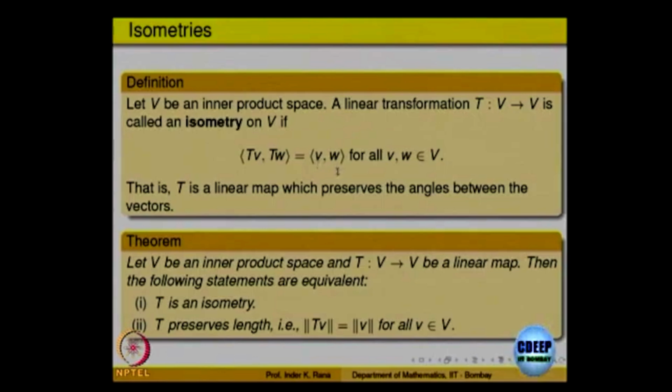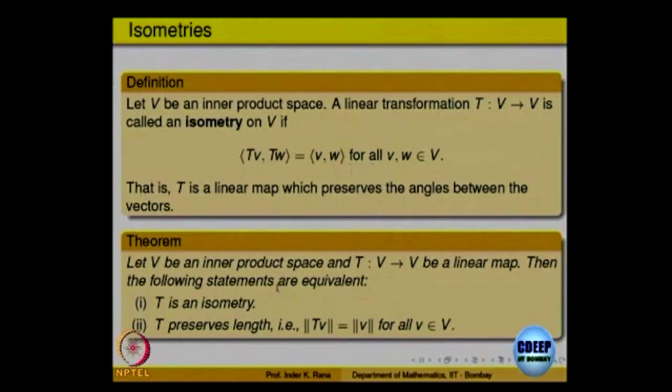So it preserves the inner product, and we have seen that the inner product is related to the notion of angle and distance. So it's not surprising that we have a theorem, namely T is an isometry if and only if it preserves the length also. Here we said it preserves the inner product, which is related basically to angle.